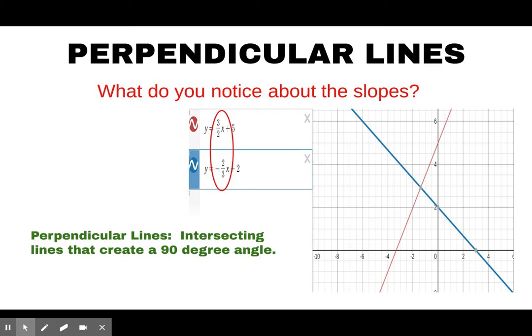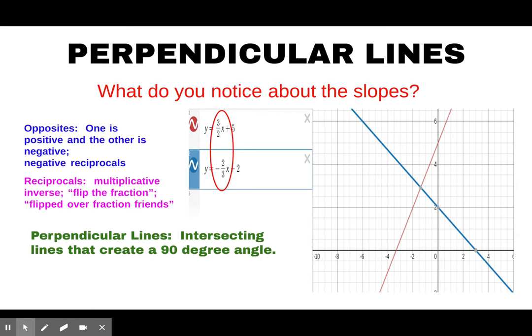Okay, hopefully what you noticed is the slopes are opposites. So one is positive and the other is negative. So I have a slope of a positive 3/2 and a slope of a negative 2/3. And this is what we would call negative reciprocals. Because the other thing hopefully you noticed is that they are reciprocals.